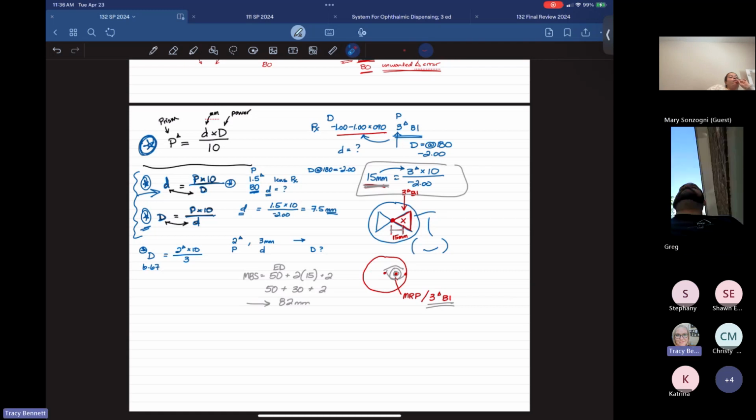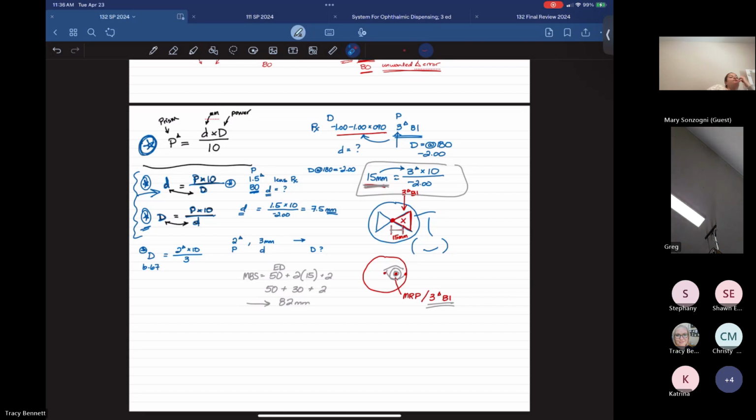Know how to do your optical crosses. That's going to be in both of the classes. The good thing is a lot of this does apply in both classes. Prentice rule, oblique meridian, decentration, minimum blank size. There might be some of those with the index of refraction versus the speed of light.